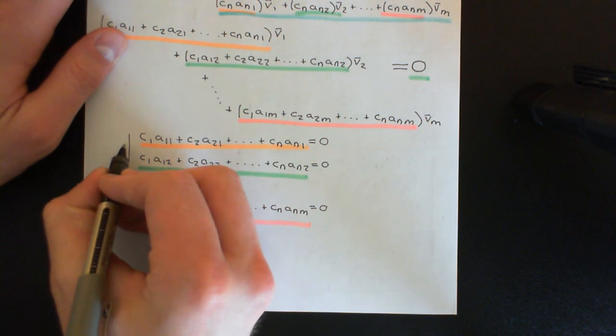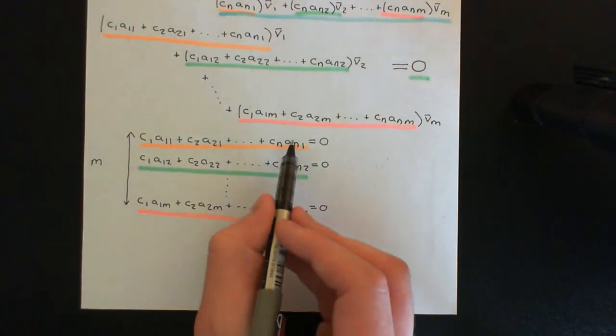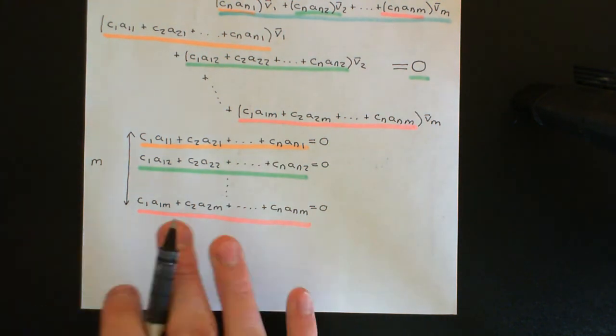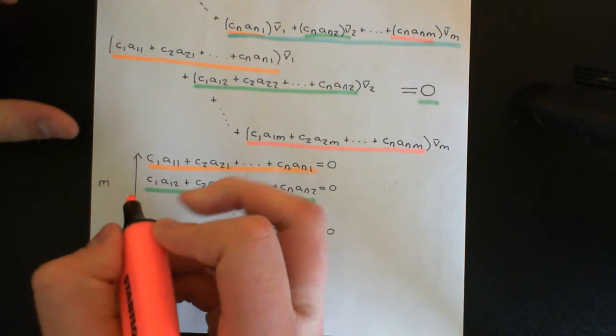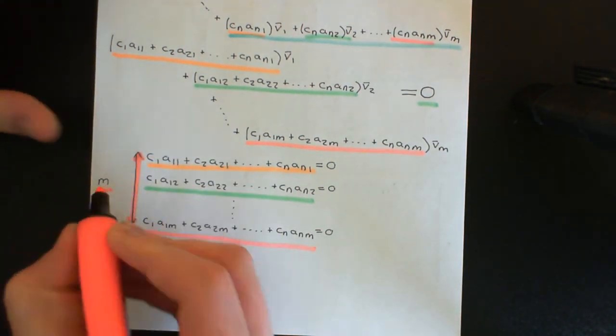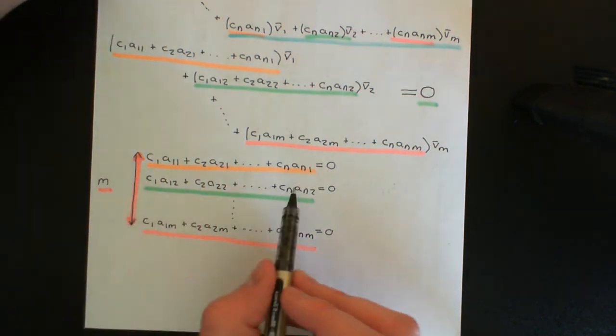How many equations do I have here? I have m equations. Okay, we go down from equation 1, equation 2, all the way down to equation n. Now what colour did I denote n in? I denoted it in red here. Okay, so I'll colour this in red as well. How many variables do I have? Well, what even are the variables in this system of equations?